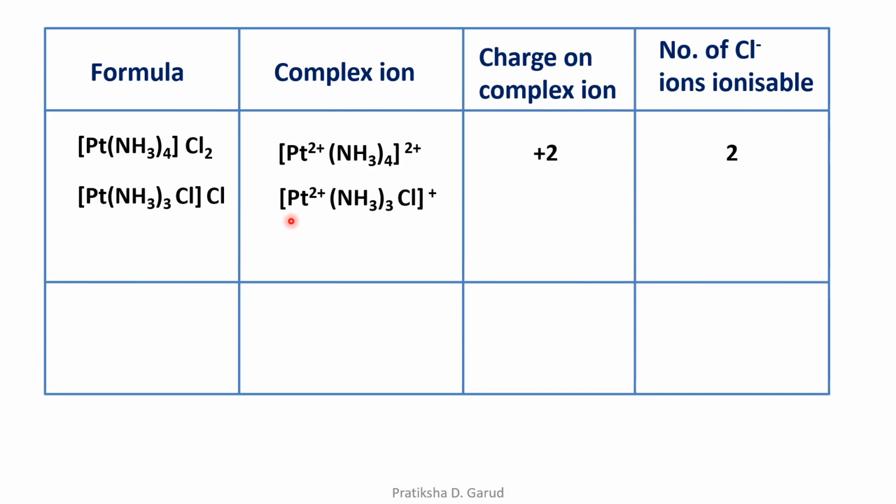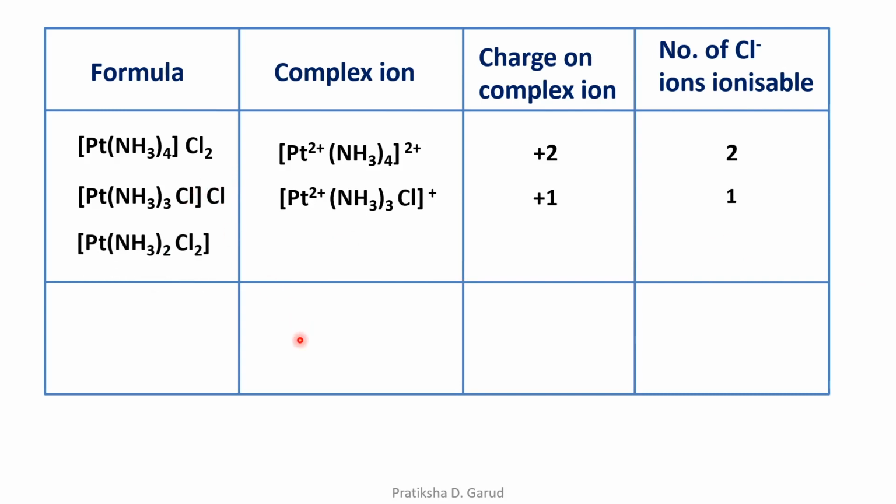The complex ion becomes [Pt(NH3)3Cl]+. Why plus? Because only 1 chlorine, which has a minus charge, is outside the square bracket. So the charge on the complex is +1, and the number of ionizable Cl- ions is 1, because only 1 Cl is outside the square bracket.